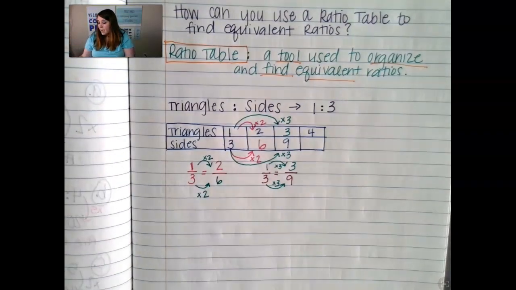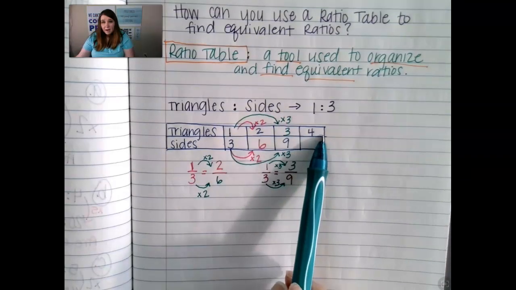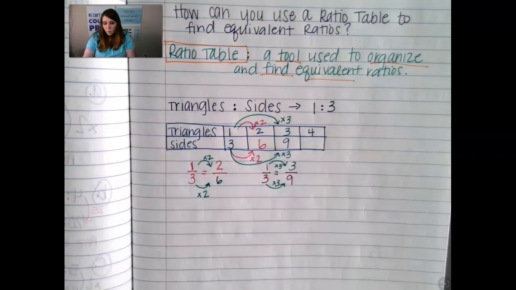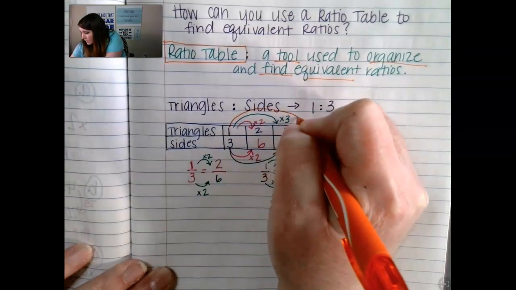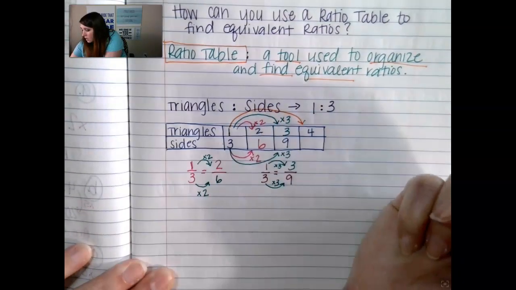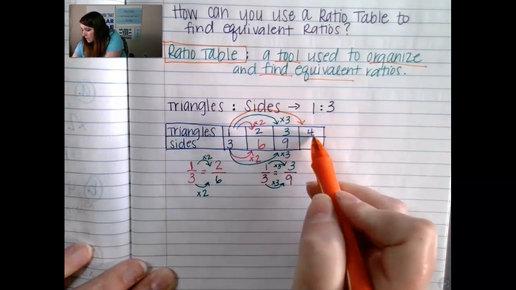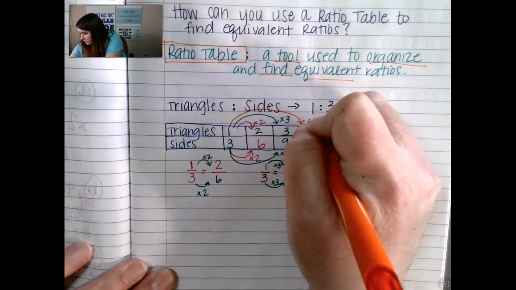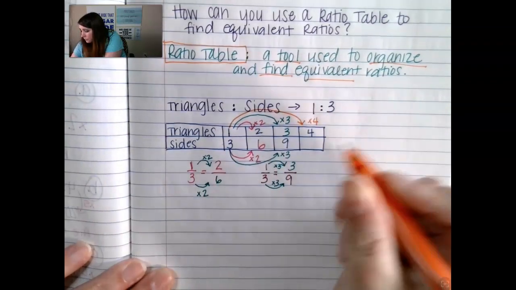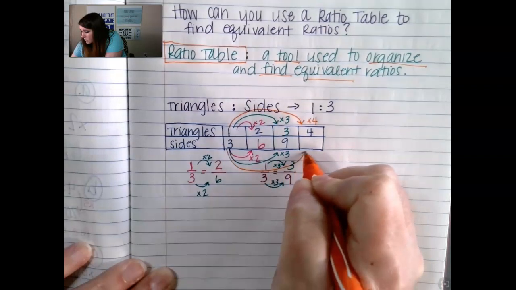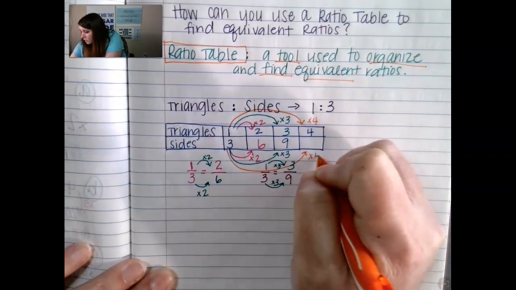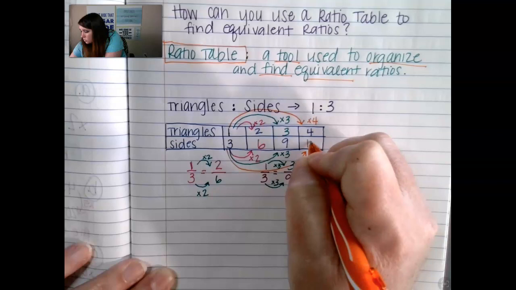Okay, now in this last one, I have a 4. So I can go all the way back over here and figure out how did I get from 1 to 4? Well, 1 times 4 gives me 4, and 3 times 4 gives me 12.